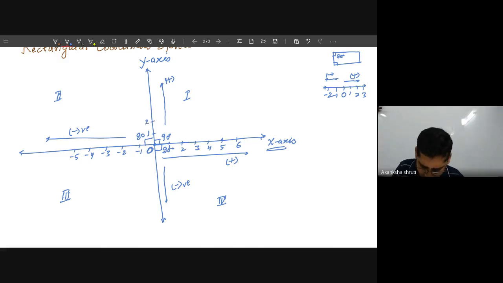So this can be marked as 1, this is 2, 3, 4, 5. Coming downward on the y-axis with the same length, it will be marked as negative, -1, -2, -3, -4, -5, and so on. Okay, student. So this is what is called the scale of this coordinate system.